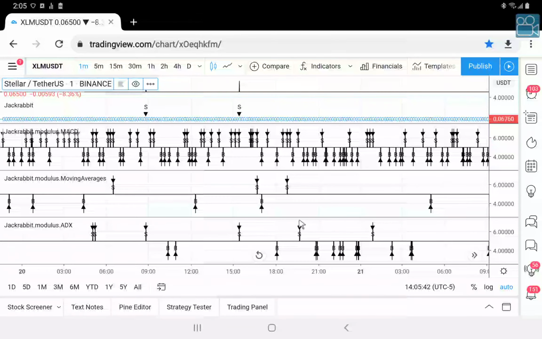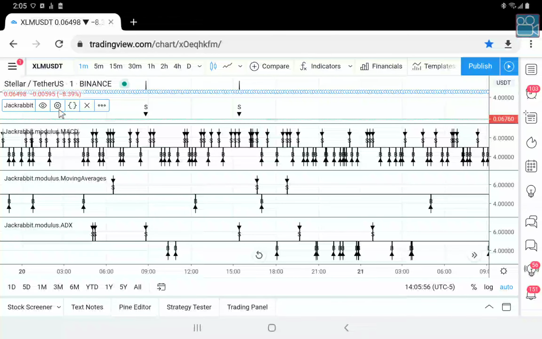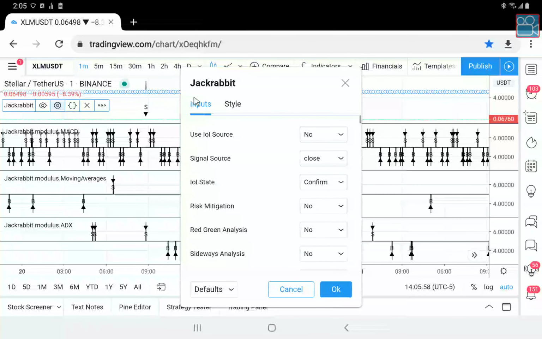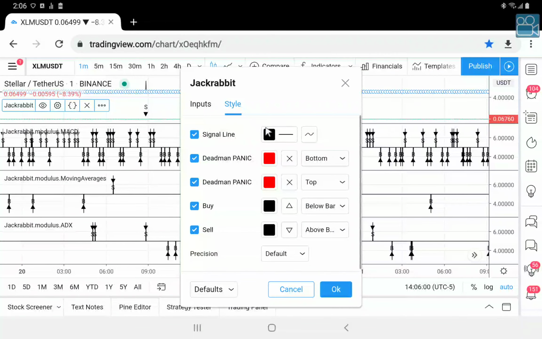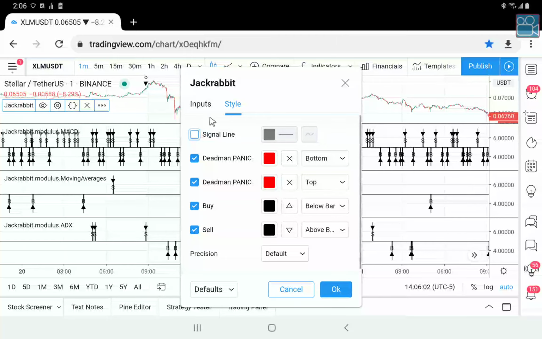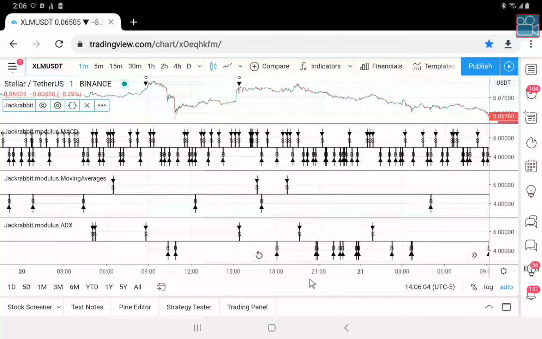So as you can see, the changes I made. So this buy signal leads this buy signal. Let's see if we can figure out by how much. Well, let's come up here and hide the signal line first of all. Now we can count candlesticks.